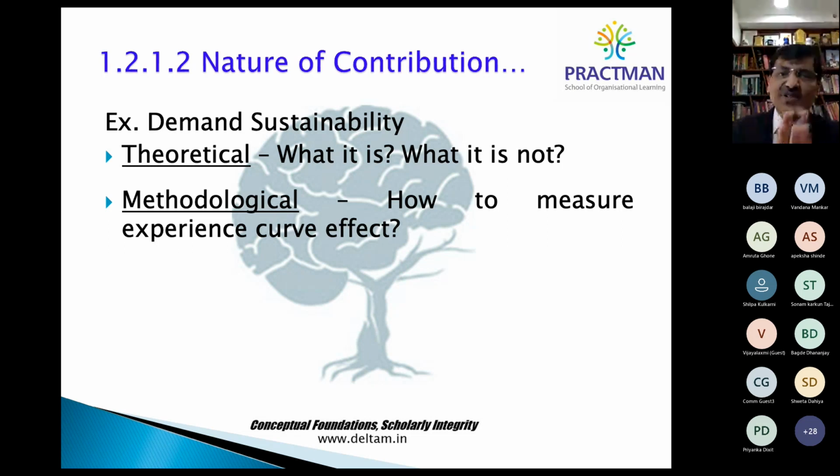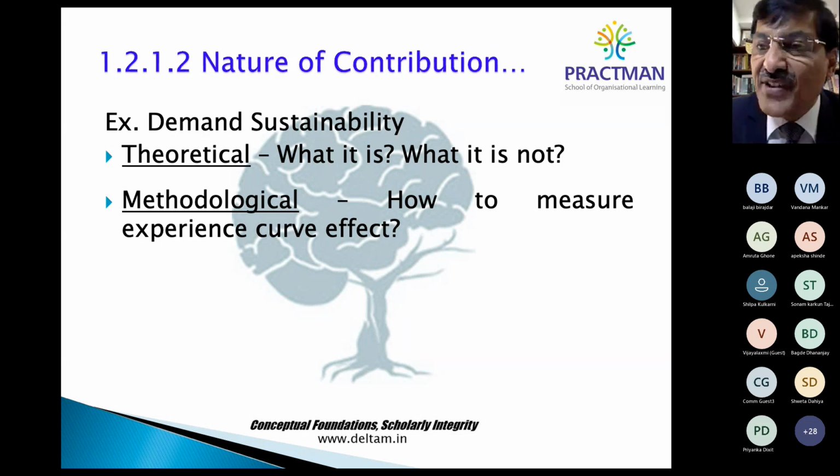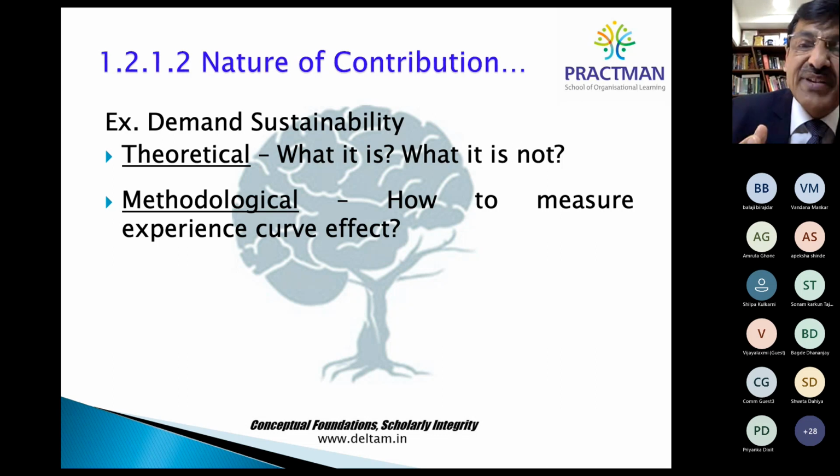So the broad area of research is demand sustainability. You may choose to make a theoretical contribution by just defining what is demand sustainability, what it is not, or by measuring the experience curve effect. The method of measuring the experience curve effect is your contribution.